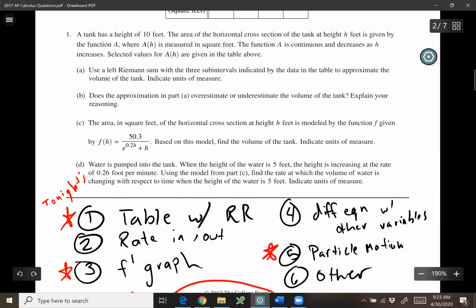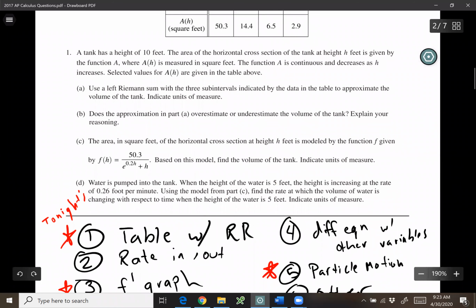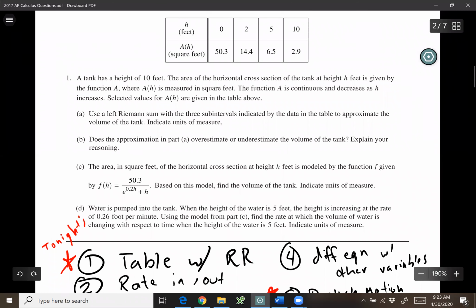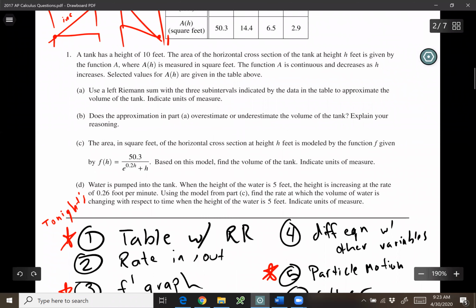The last thing before we go, just because I'm not going to do any of these questions, very quickly: A, use a left Riemann sum, should be easy. B, overestimate or underestimate. Remember, for Riemann sums, it depends on whether they are increasing, then the left is under and the right is over, or decreasing, then the left is over and the right is under.